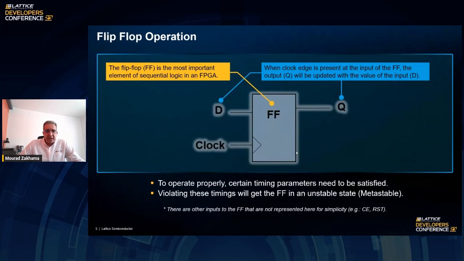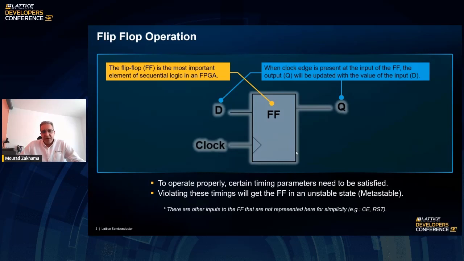So this flip-flop, in order to operate properly, and when I say properly, meaning reliably, we can be 100% sure that the output will behave as expected compared to the clock and to the input that is provided, certain timing parameters need to be satisfied.